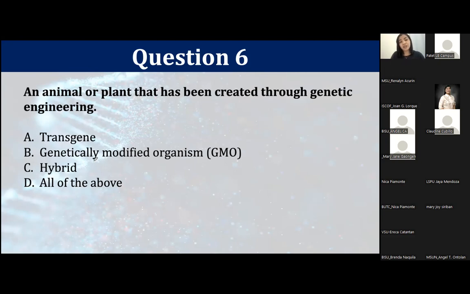Transgene, GMO, hybrid. Okay, so what is the correct answer? The correct answer is GMO. Why can't it be transgene? What was the definition of transgene again? That is the exogenous DNA which is being inserted into the donor fish. So the correct answer is GMO.